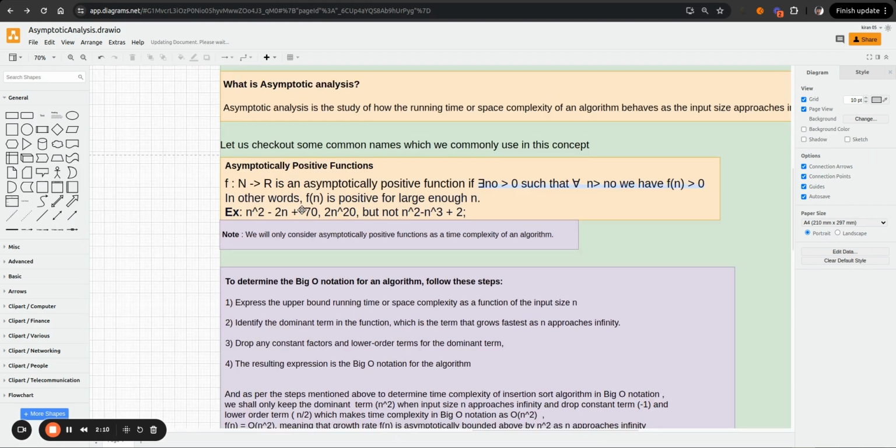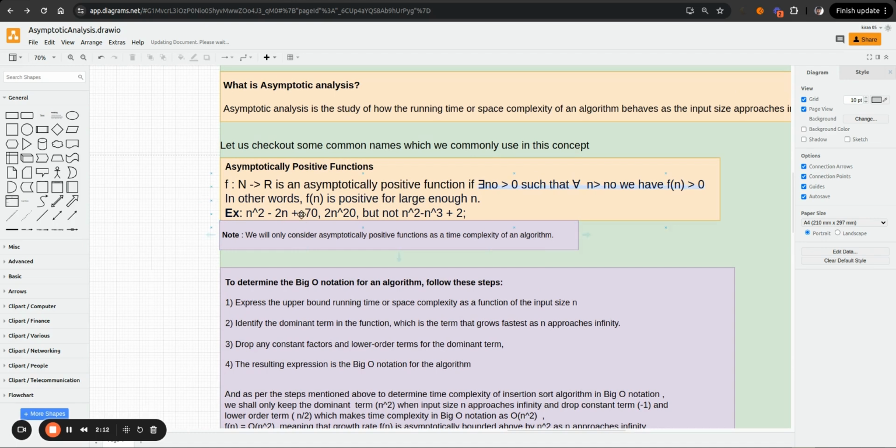Here are some of the examples which we can see. First is the quadratic equation n square minus 2n plus 70. This function is definitely positive. If we see the graph of this, after a certain point of x, as n is reaching infinity, it will be positive forever.